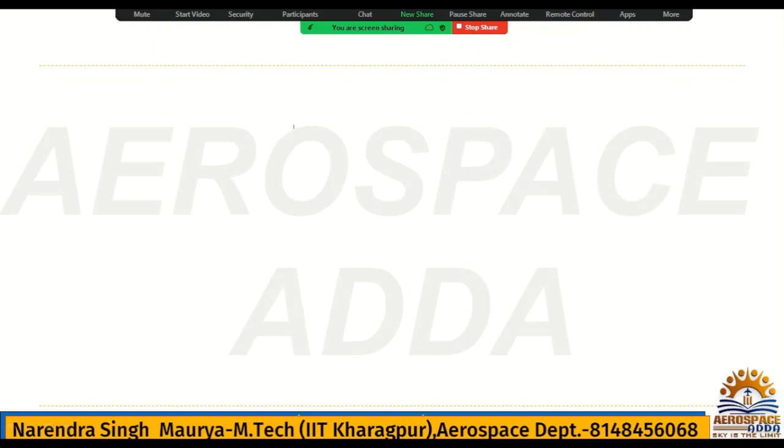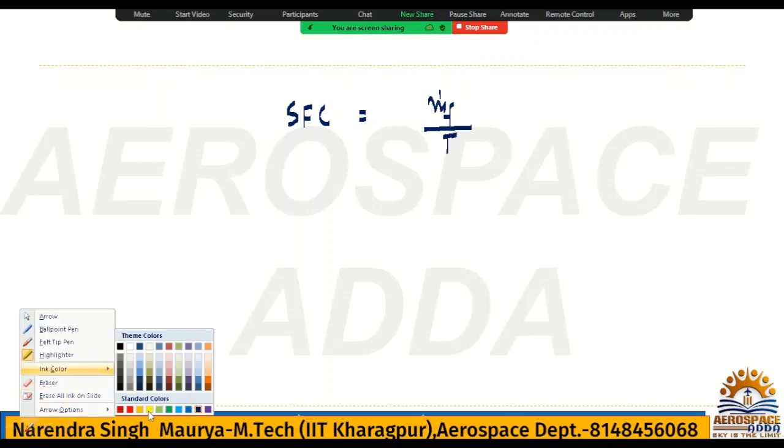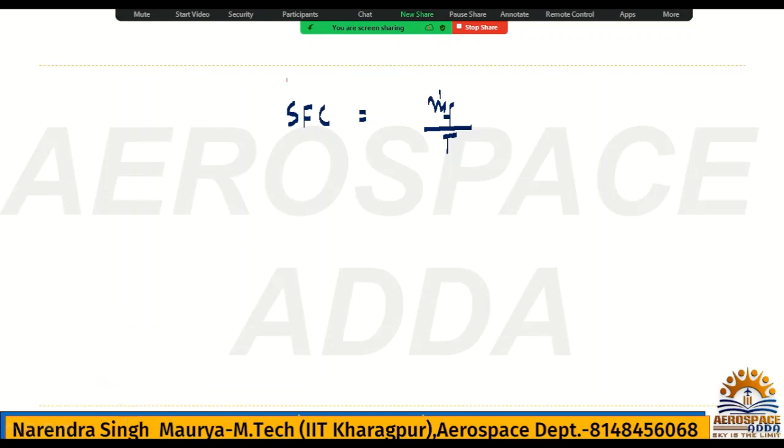I must say SFC, specific fuel consumption, is m dot f, the mass flow rate of the fuel per unit thrust. What is the amount of thrust you are getting after burning 10 kg per second of the fuel? What amount of thrust you are getting from the engine is called specific fuel consumption. This is a very important parameter. GATE problems, they even ask based on this SFC, so you need to remember. As I told you, SFC or thrust specific fuel consumption meaning is the same.